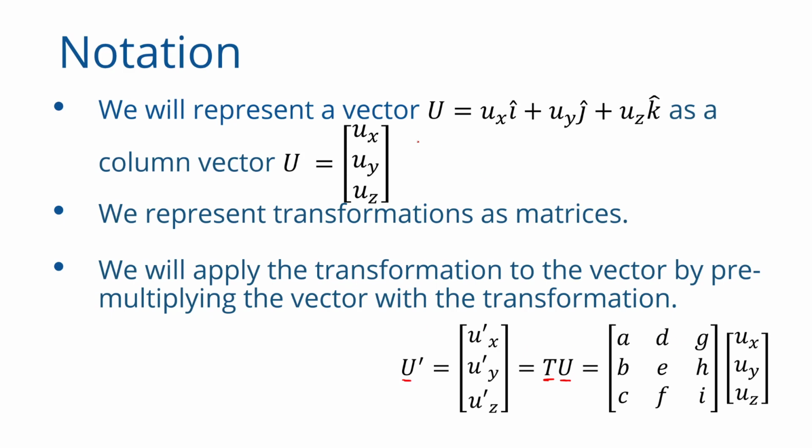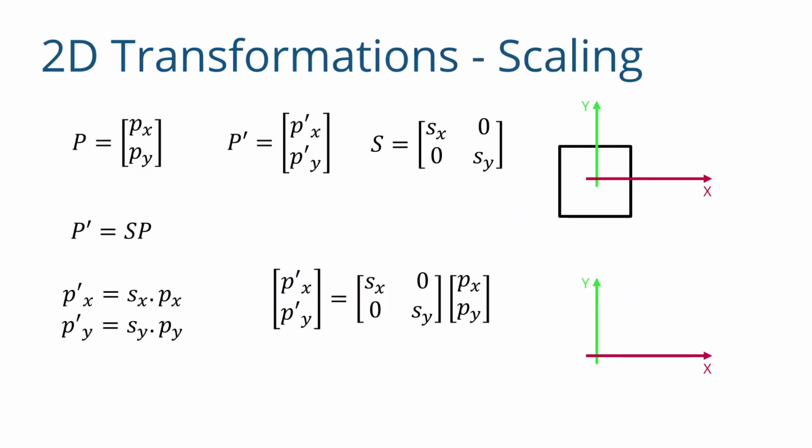So here, of course, this is any vector from a given coordinate system, and this is a general 3x3 transformation. We will talk about what these quantities represent, and what is the geometrical interpretation of a particular transformation in the coming slides.